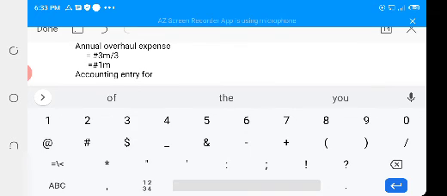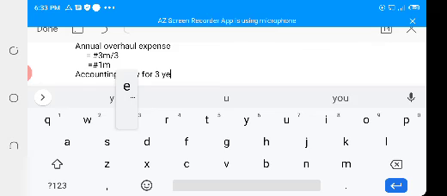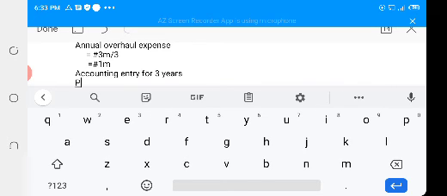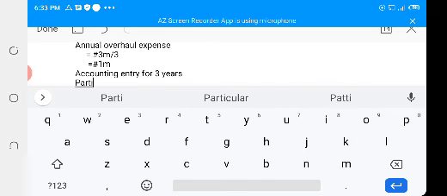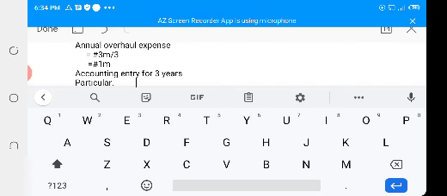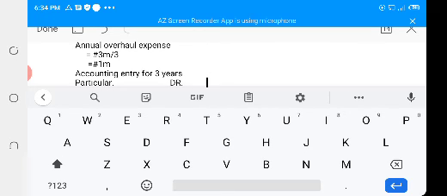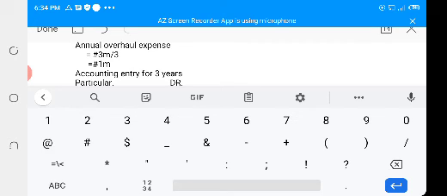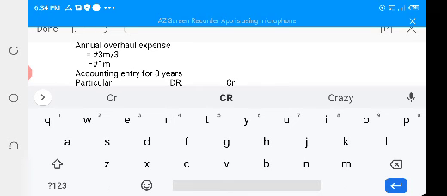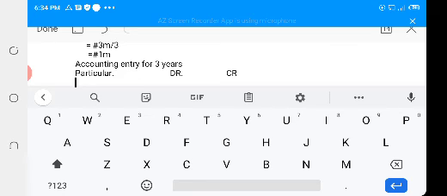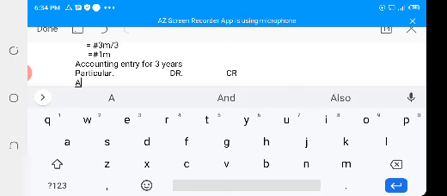We have the particulars, the debit, then the credit. So every year we'll be charging depreciation to our profit or loss.